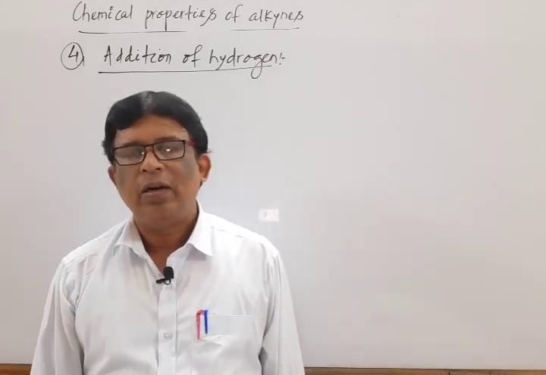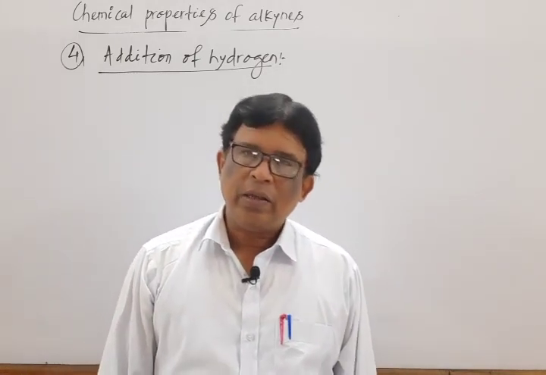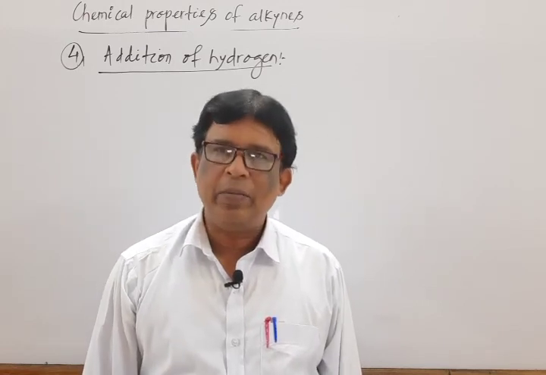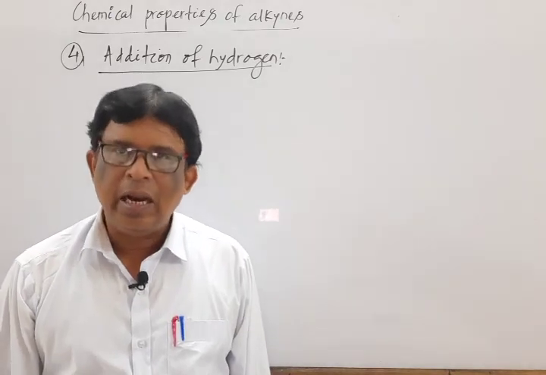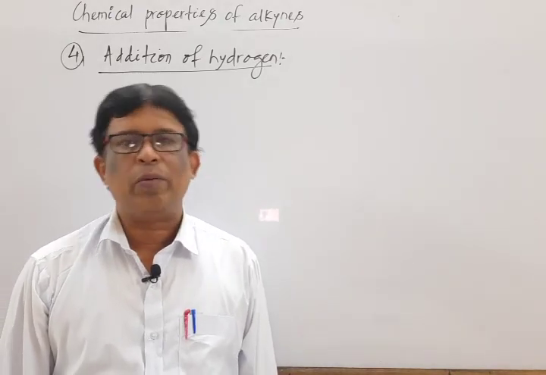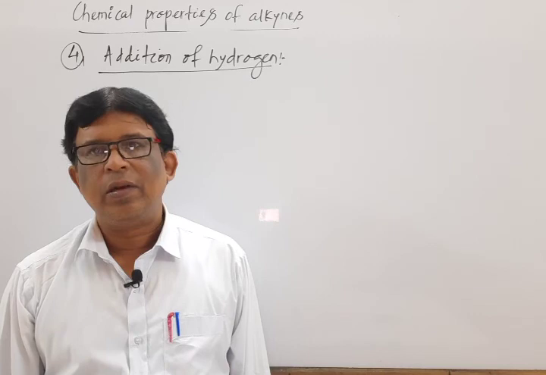Under the heading of controlled reduction, two points are there. One is by the action of sodamide in presence of liquid ammonia, and one is by the action of Lindlar catalyst, that is palladium supported over barium sulfate.